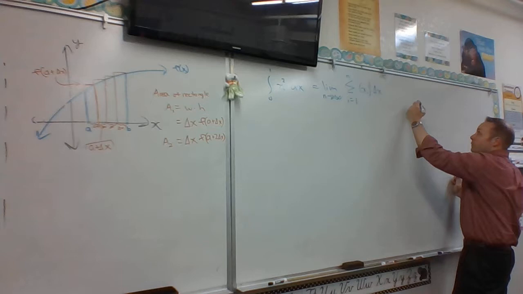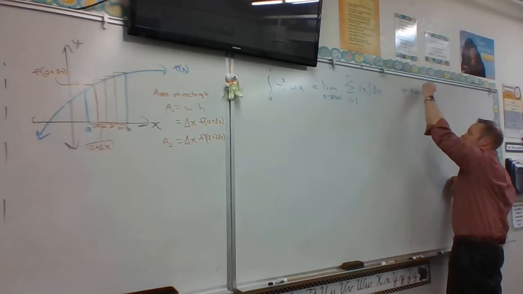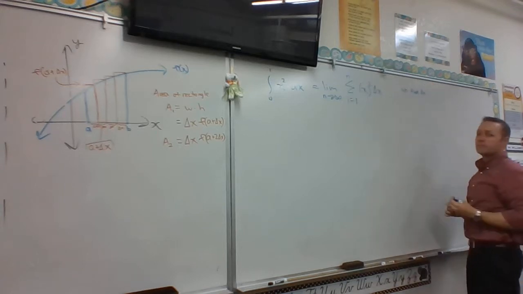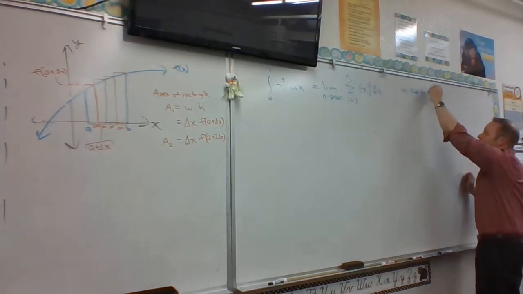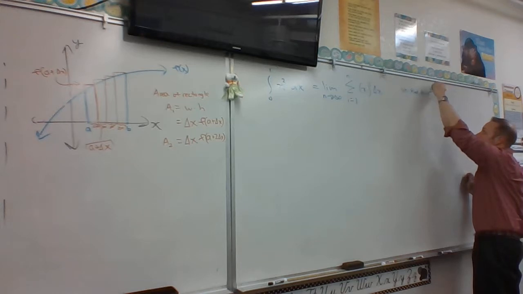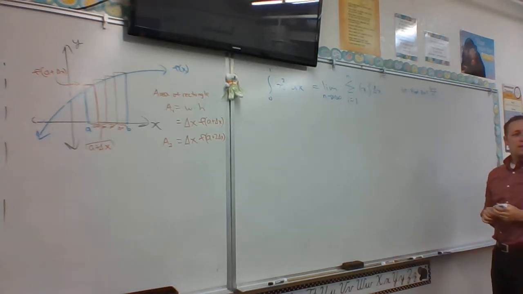Now kind of off to the side here, we want to find this. I'm going to say first, find delta x. You have a formula for that. Yes, it is b minus a over n. It's the same thing as x sub i.